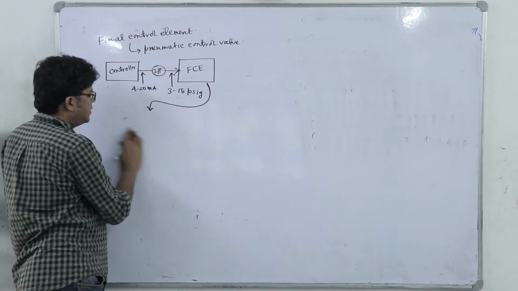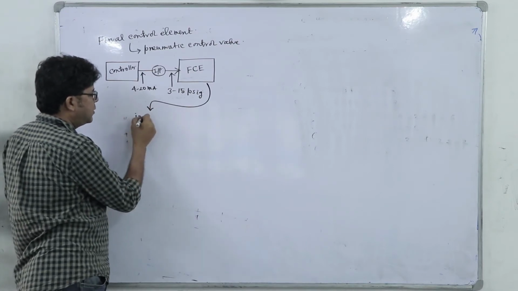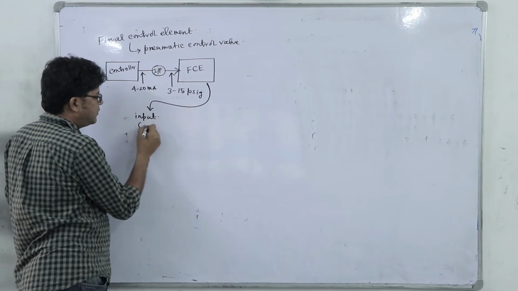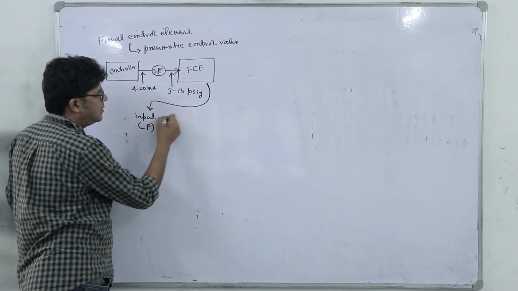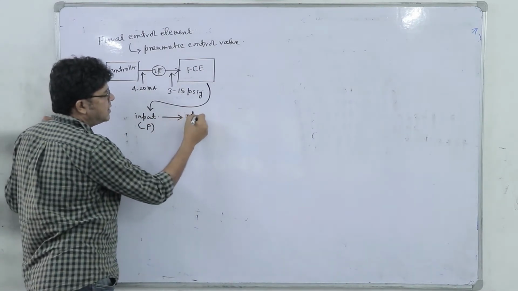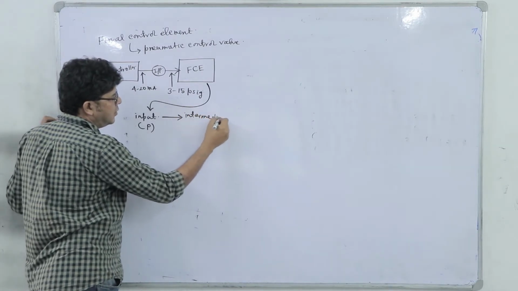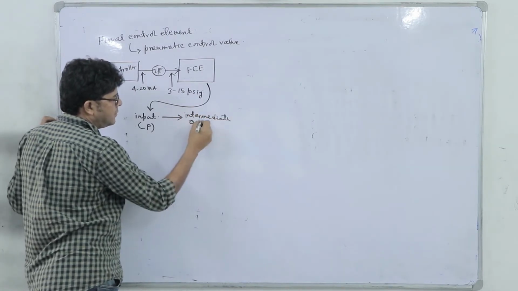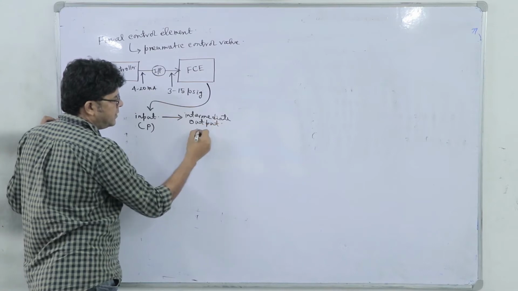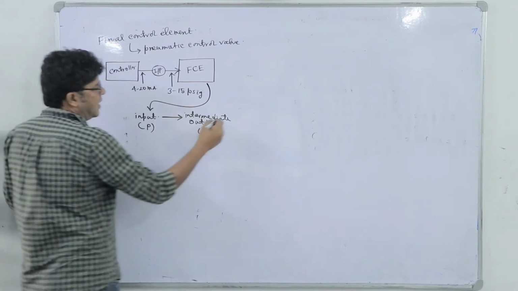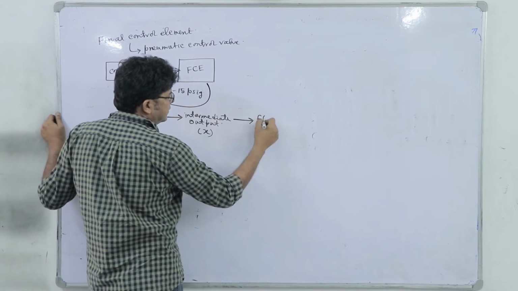if we think about the final control element, the input is pressure, right. Intermediate output we have discussed in second order system is the stem position, and finally it is the flow rate.